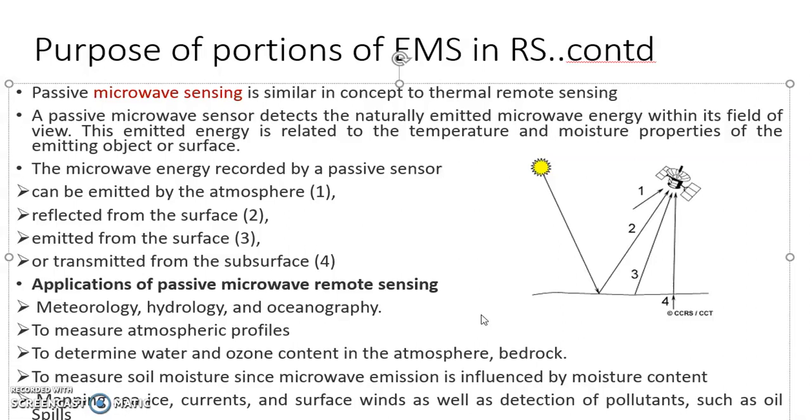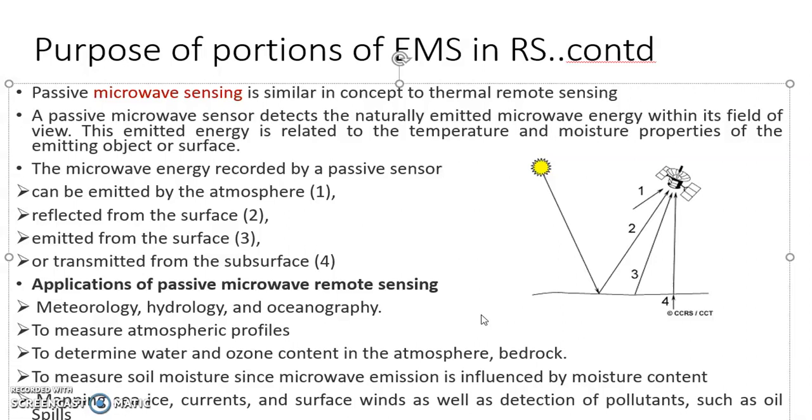In meteorology, you could detect the percentage of moisture content, or you can also find out the amount of ozone layer present in the atmosphere. In hydrology, you can detect the soil moisture content using passive remote sensing. And in oceanography, you can find out how much ice there is, or you could determine the sea currents and the ocean winds. All these things are possible using passive remote sensing in the microwave region, right?